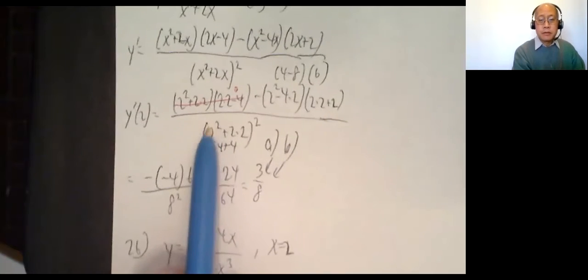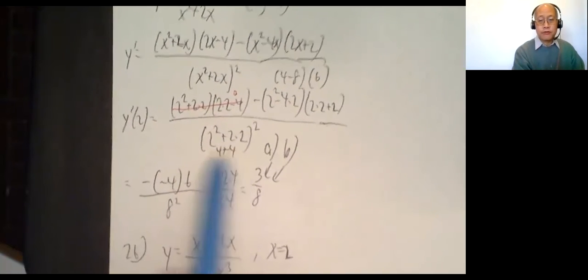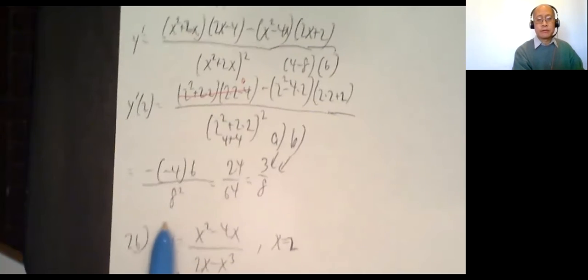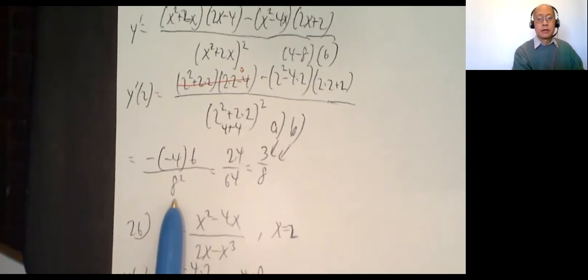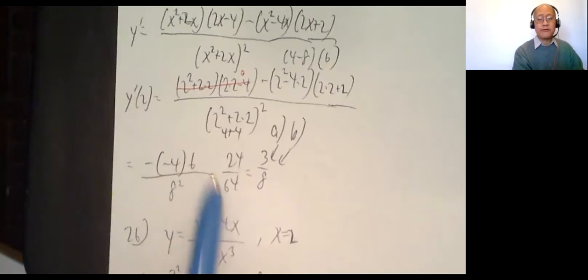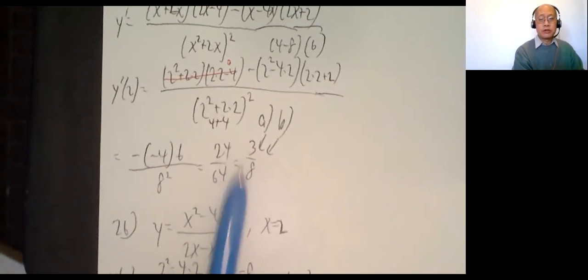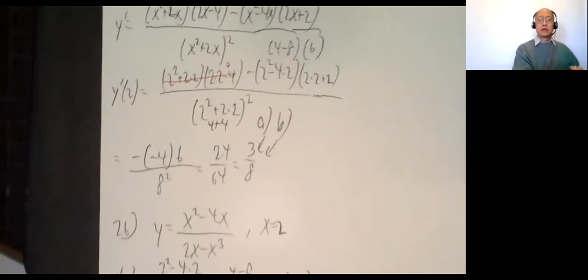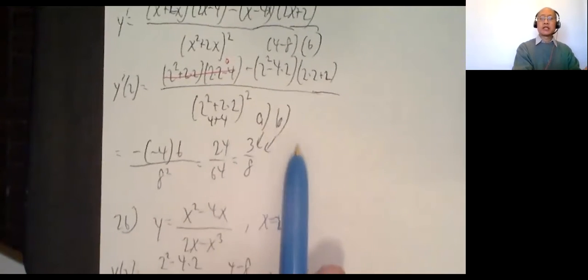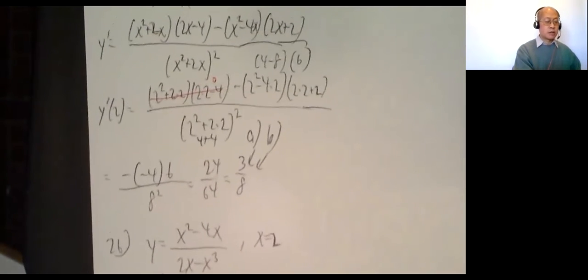And then the bottom, 4 plus another 4 is 8, 8 squared. Okay, double negative, so that gives me 4 times 6, 24 over 64. Divide out 8, that reduces to 3/8. Okay, so that's the answer to A. That's also the answer to B. Both of them, the answer is 3 over 8.